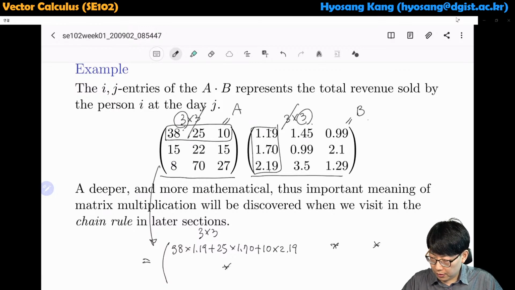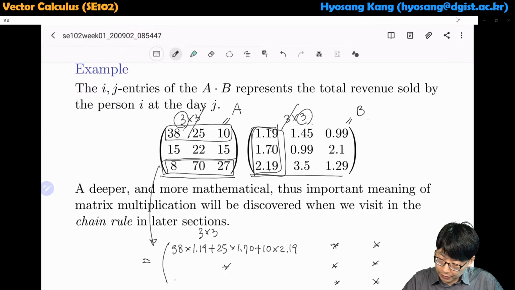For example, let's do the last one here. How about the third row, first column? So you take the third row of the first factor and the first column of the second factor. So you get 8 times 1.19 plus 70 times 1.70 plus 27 times 2.19.